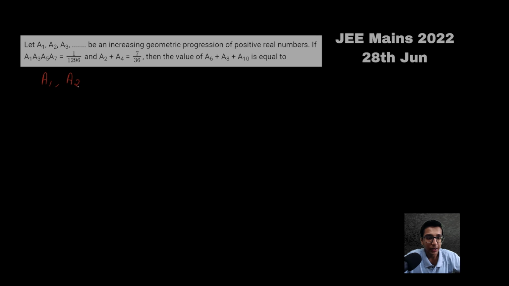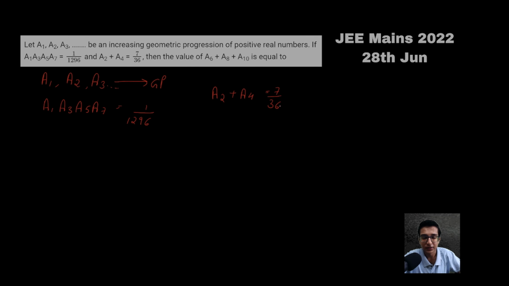A1, A2, A3, we know this is in a geometric progression. We've been given that A1 into A3 into A5 into A7 is equal to 1 by 1296, and A2 plus A4 is equal to 7 by 36.